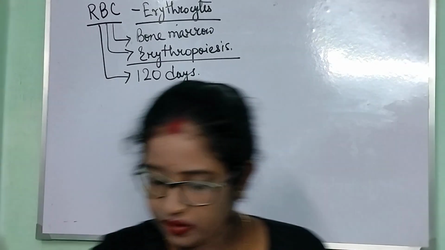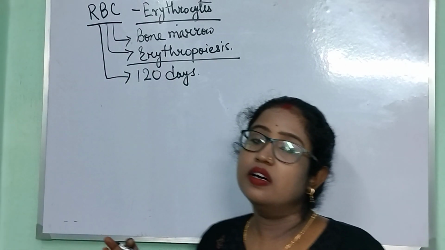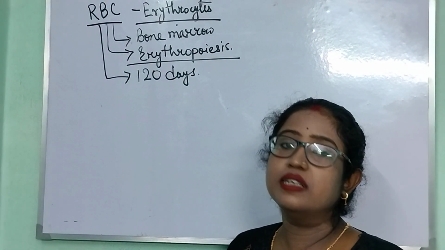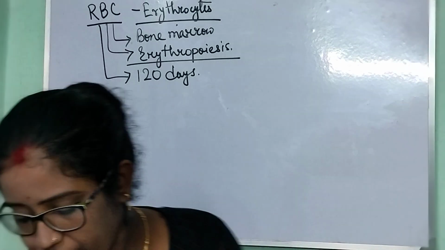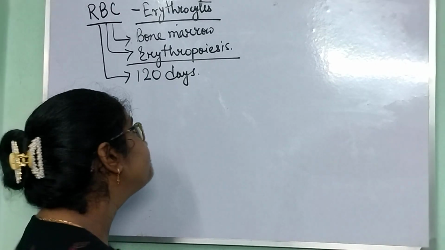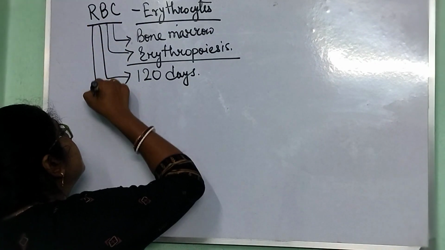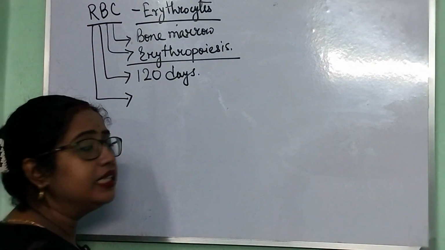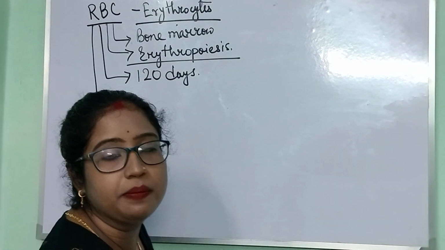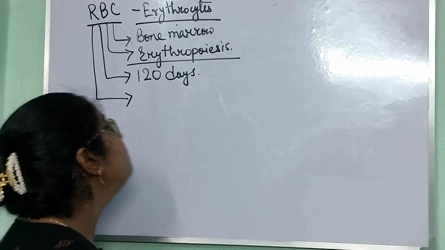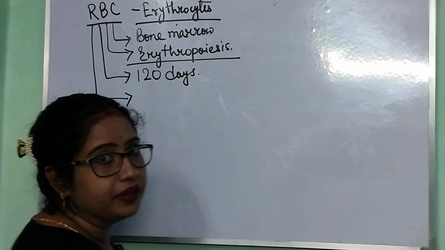The RBC lifespan in our blood is nearly 120 days. In RBC the red color is due to a respiratory pigment present in RBC, that is hemoglobin.